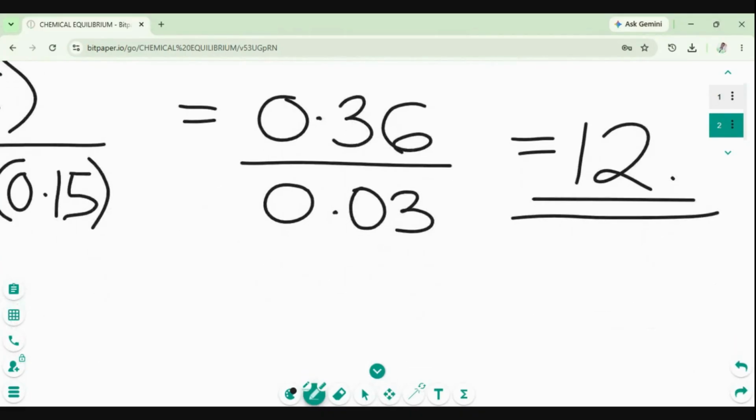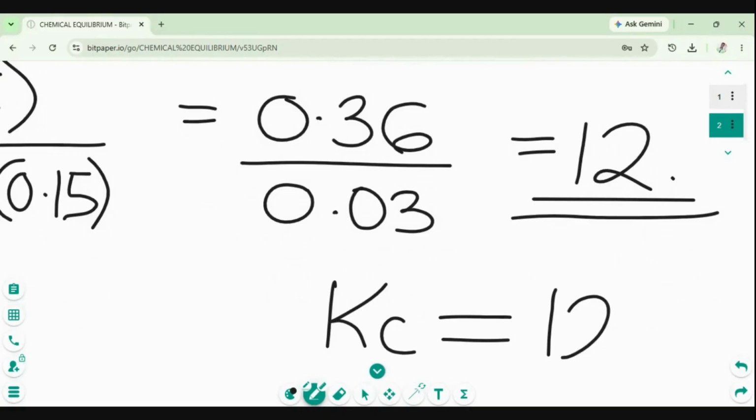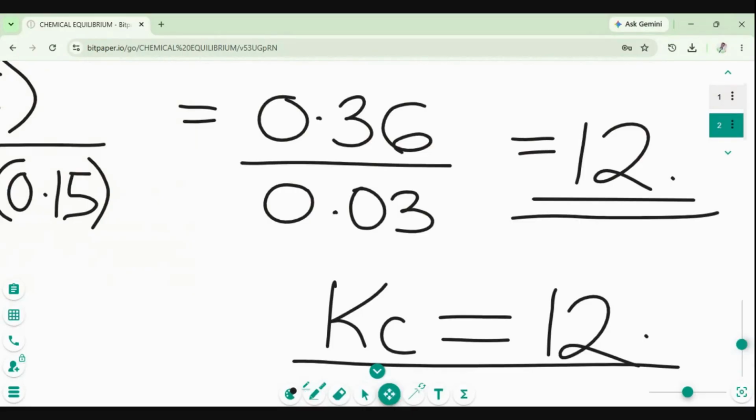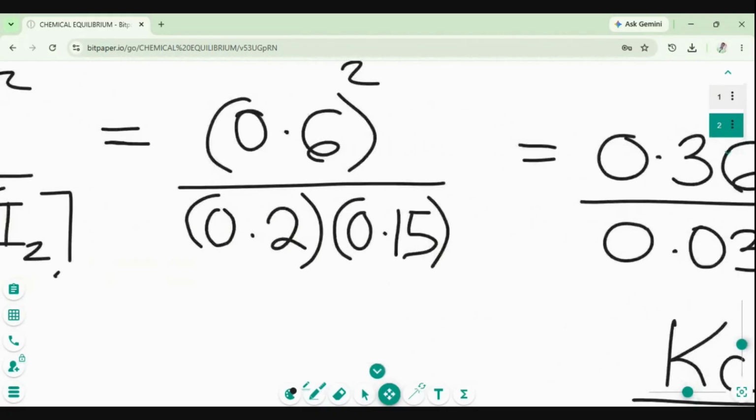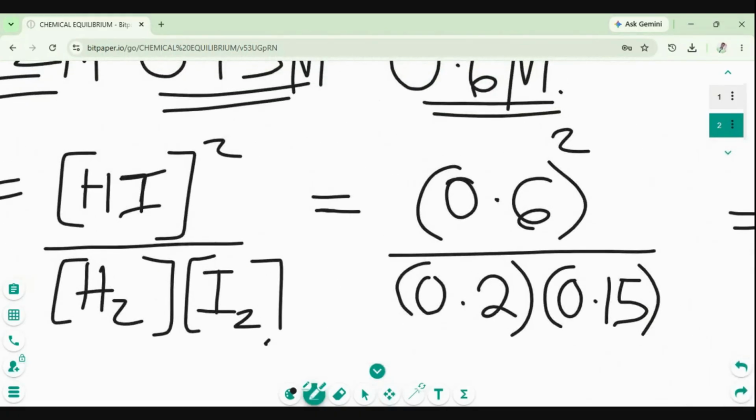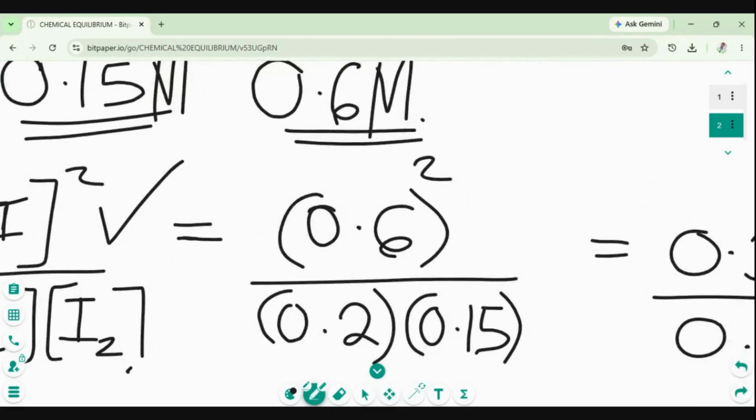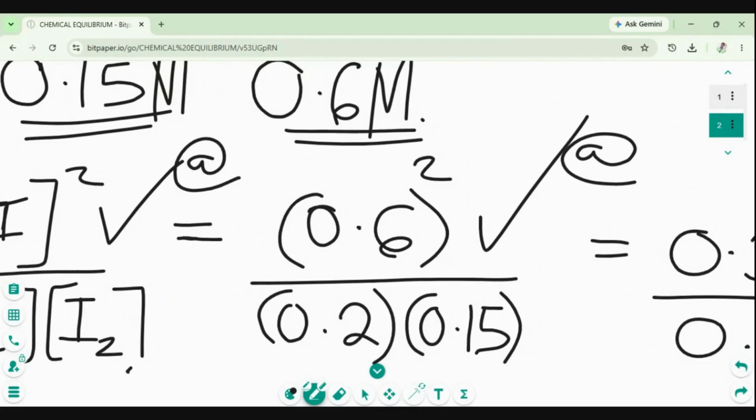So our Kc equals 12. I say that every calculation of physical chemistry must have 3 parts. Part number 1 is the formula you are using. Part number 2 is correct substitution into the formula.